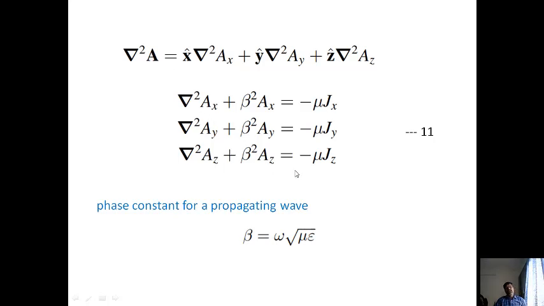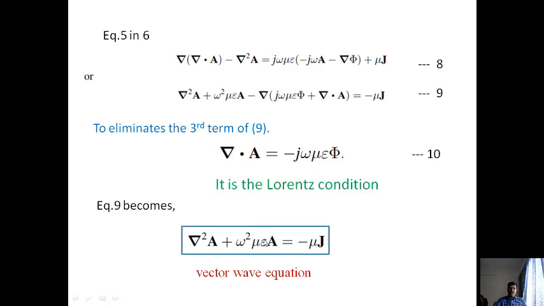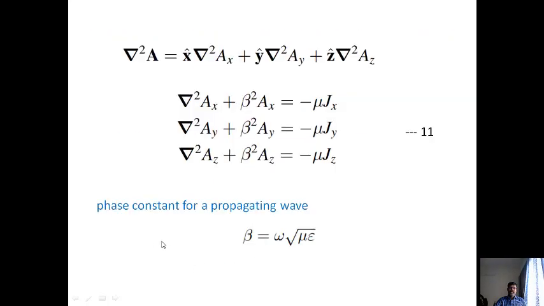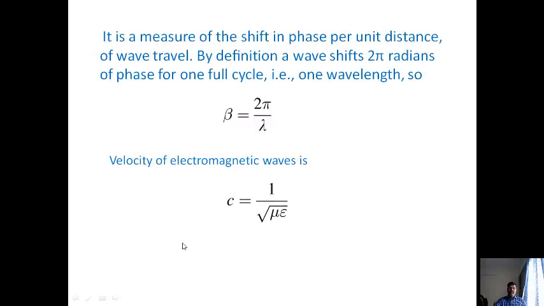Next thing is, we have to find the solution for this equation, that is for A, where omega square mu epsilon is beta square. The beta is the phase constant for a propagating wave, and it is a measure of the shift in phase per unit distance of wave travel.